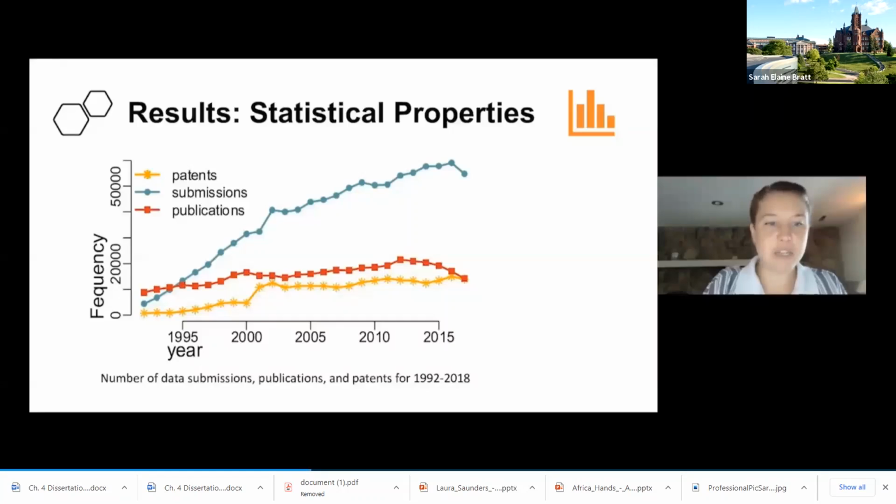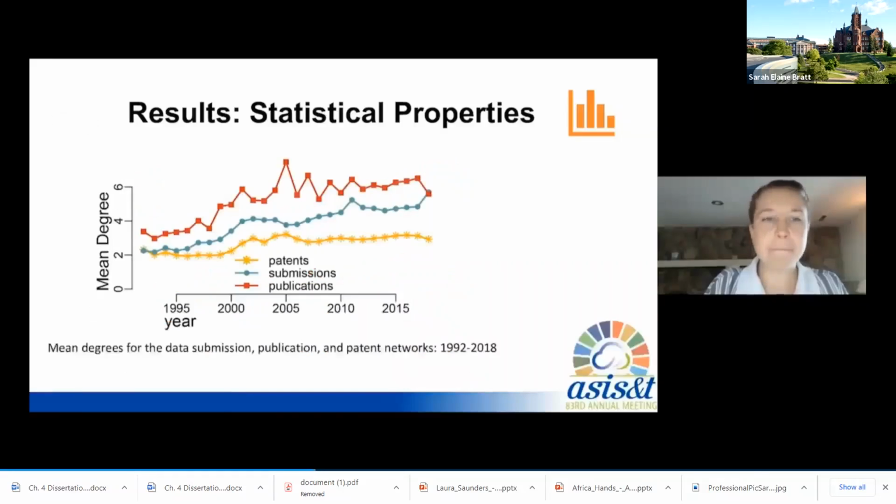From the early years, which is about 1982 or so, and we actually have a subset of that from 1992 to 2018 here, you have your submissions steadily rising. And we hit a certain point right around 1994 where you can see a turning point, a fulcrum at which the data submissions bypass and surpass the publications. And patents are also steadily on the rise here.